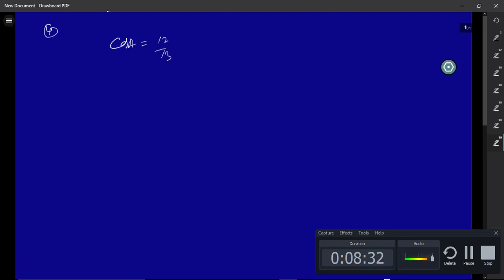We'll have to find out sin A and tan A. We all know that cos is, sorry, cos A should be adjacent side by hypotenuse, right? Cos A in the question is given as 12 by 13.